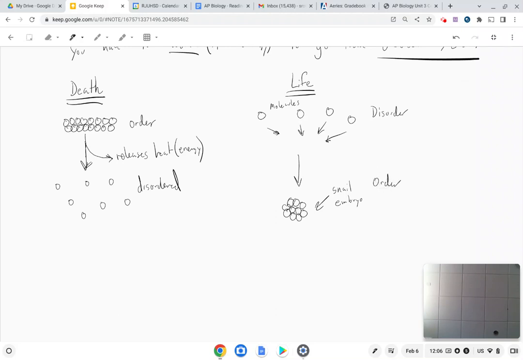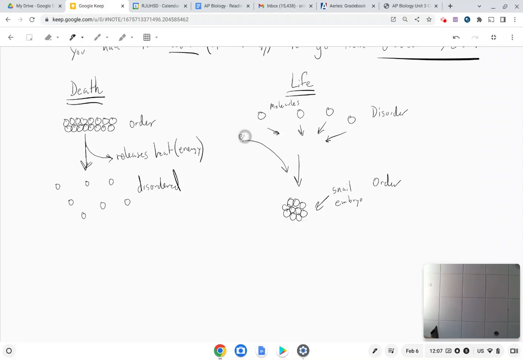In fact, if you had a time lapse and played it in reverse, it would look like a dead plant would rise from the dead or something. It would look like the opposite. So with death you've got order to disorder. In terms of the energy, what we're talking about here is energy coming in.